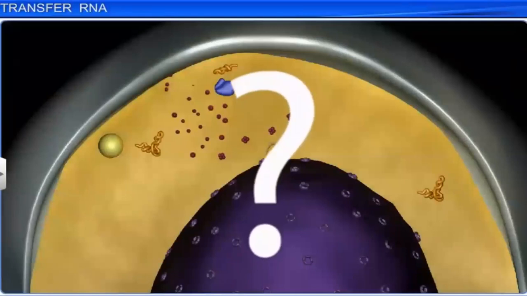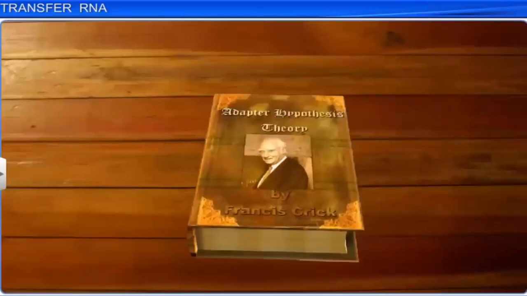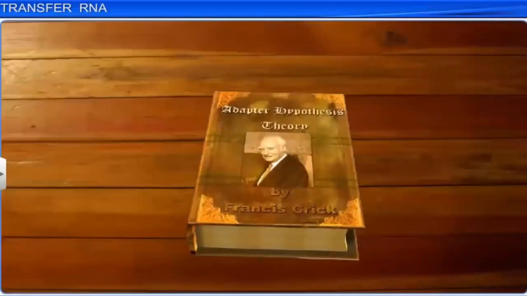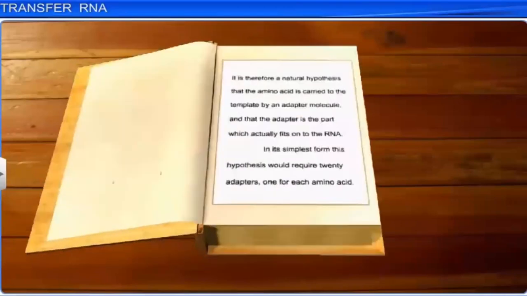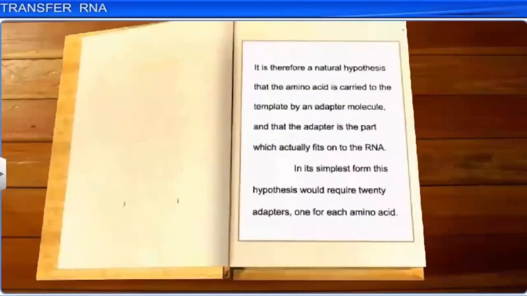The breakthrough came in 1955 when Francis Crick, who had earlier revealed the DNA structure and its properties, postulated the adapter hypothesis, in which he stated that it is therefore a natural hypothesis that the amino acid is carried to the template by an adapter molecule, and that the adapter is the part which actually fits onto the RNA.